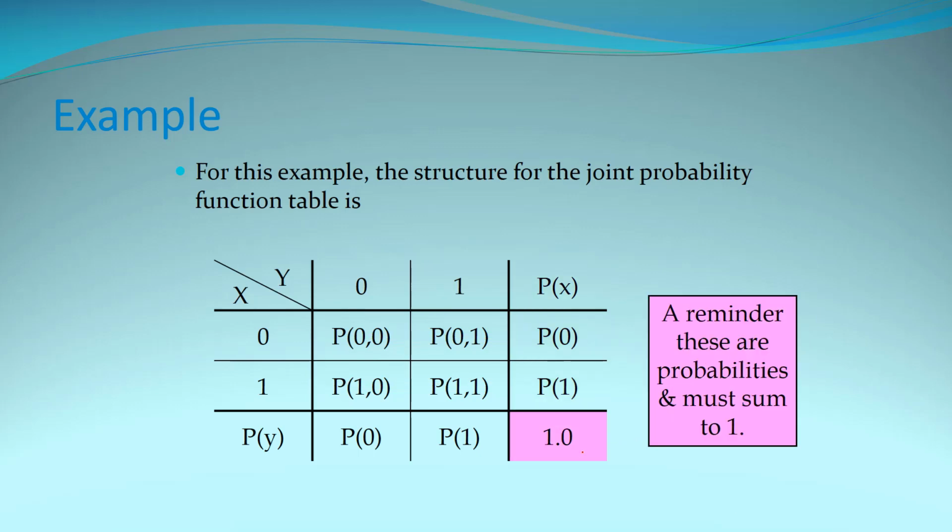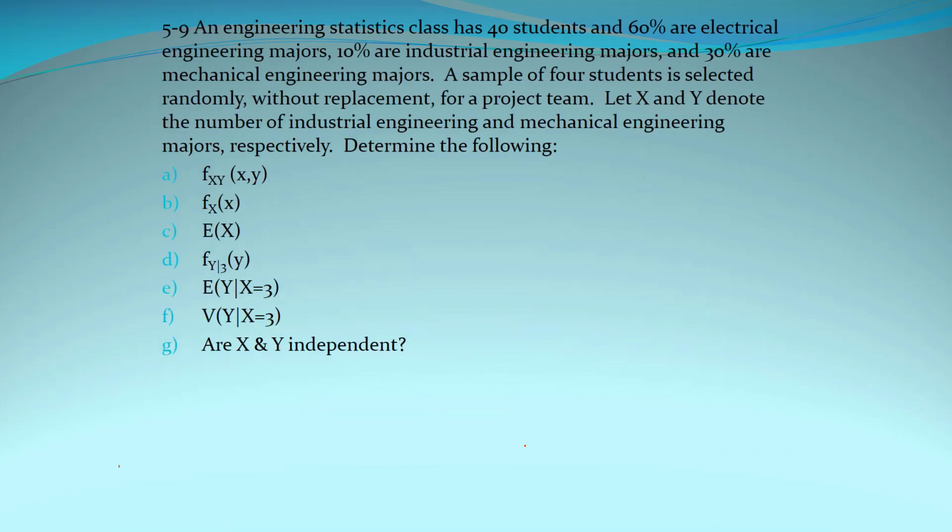So everything has to sum to 1. That's the deal. Either add up here, sums to 1, add up here, sums to 1, or add everything up in the middle and it sums to 1. And this is a very good check to use in examinations.